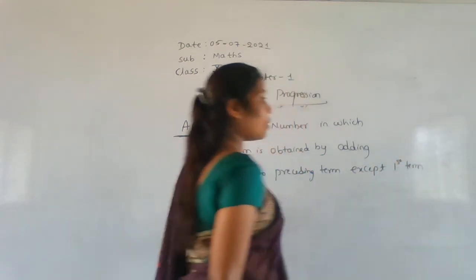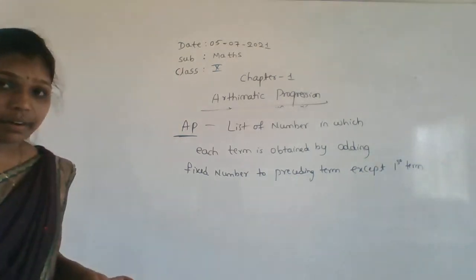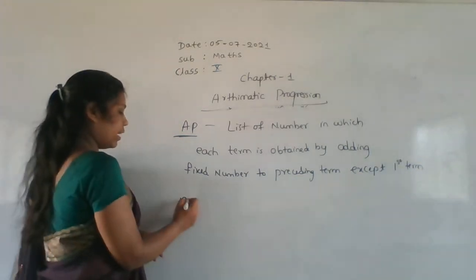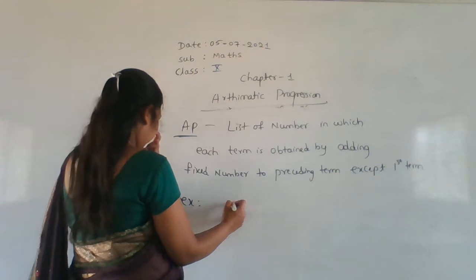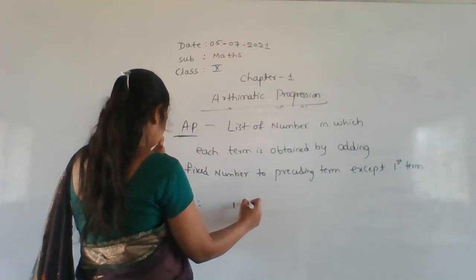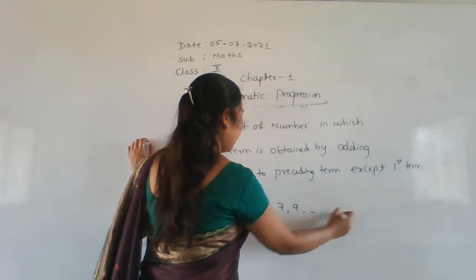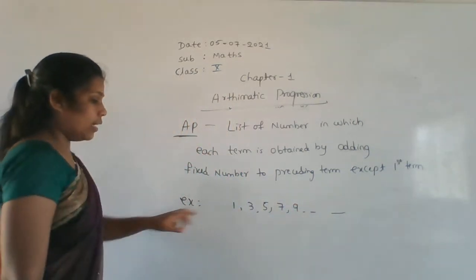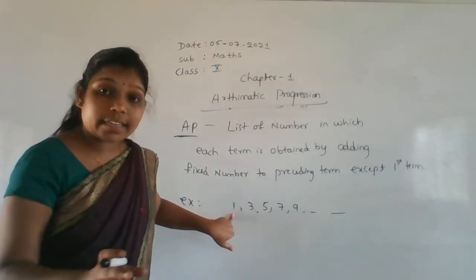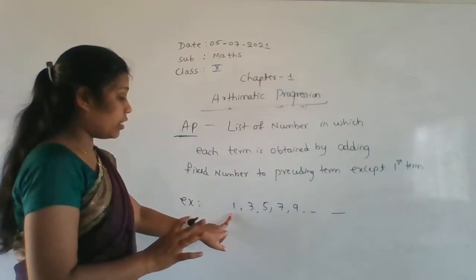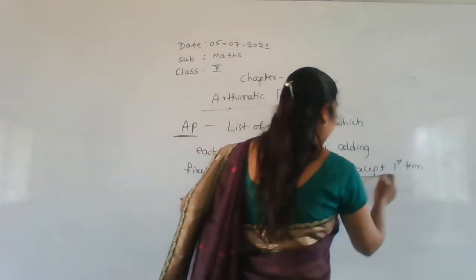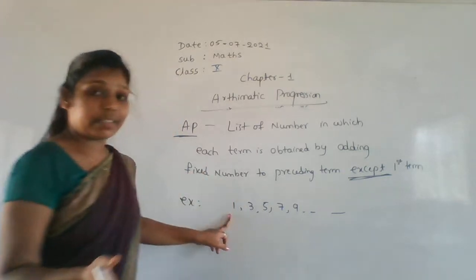Because for the first number we can't add any number, right? See here, I'll give an example: 1, 3, 5, 7, 9 and so on. This is the first term. We can't add anything to the first term. For that reason here they have given except first term.